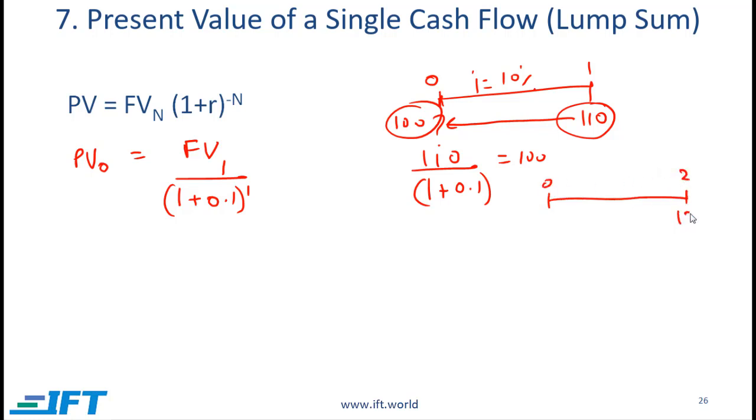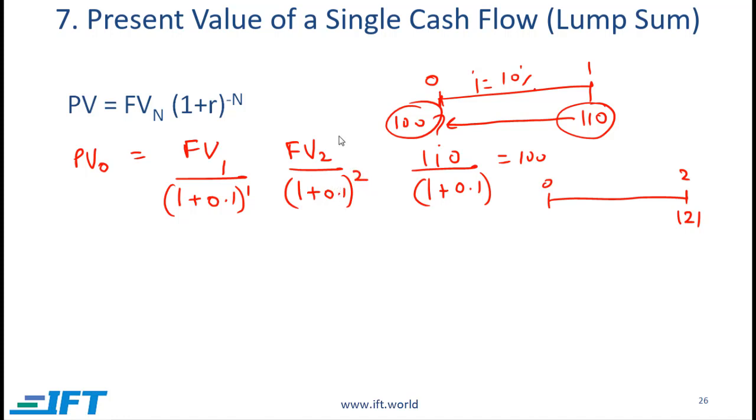So if you are to receive 121 at the end of 2 years, then what is the present value? Then instead of writing FV1, we would write future value at the end of year 2 divided by 1 plus the interest rate raised to the power of 2.